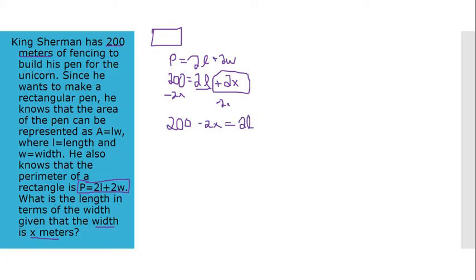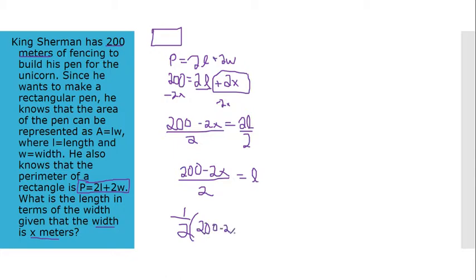Then we have that it's multiplied by 2, so we need to get rid of that. We're going to divide everything by 2, so we have 200 minus 2x divided by 2, which gives us L. Now, we can leave it in this form, or we could write it as 1/2 times the quantity 200 minus 2x, because dividing by 2 is the same as multiplying by a half.